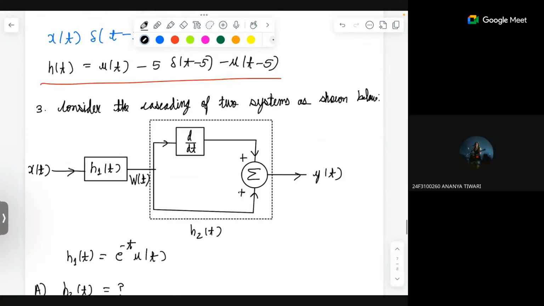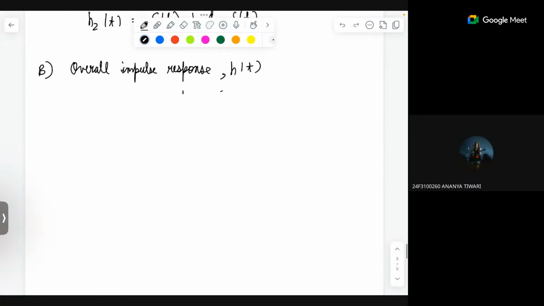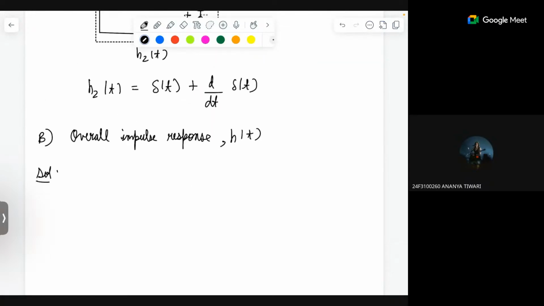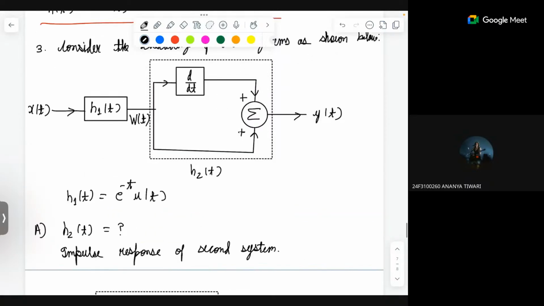What will h(t) be? h(t) will be this convolved with this. h(t) is h1 of t convolved with h2 of t. H2 of t you have found out in the first part. H1 of t is given.